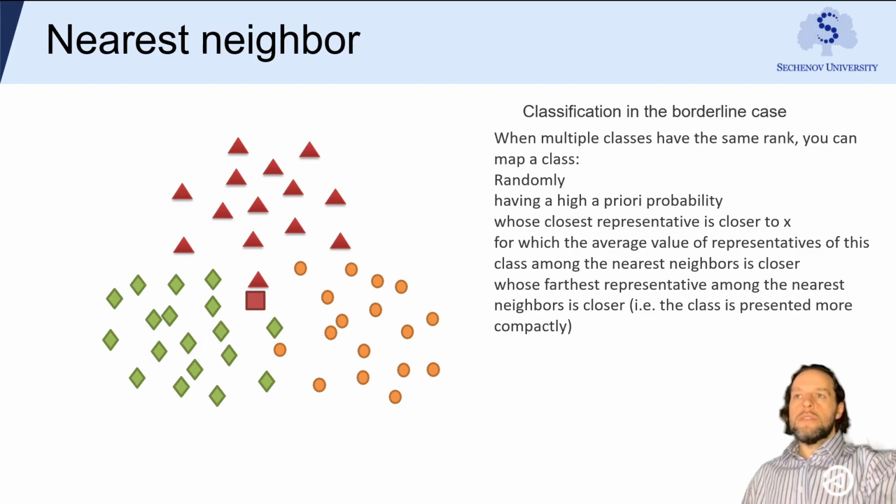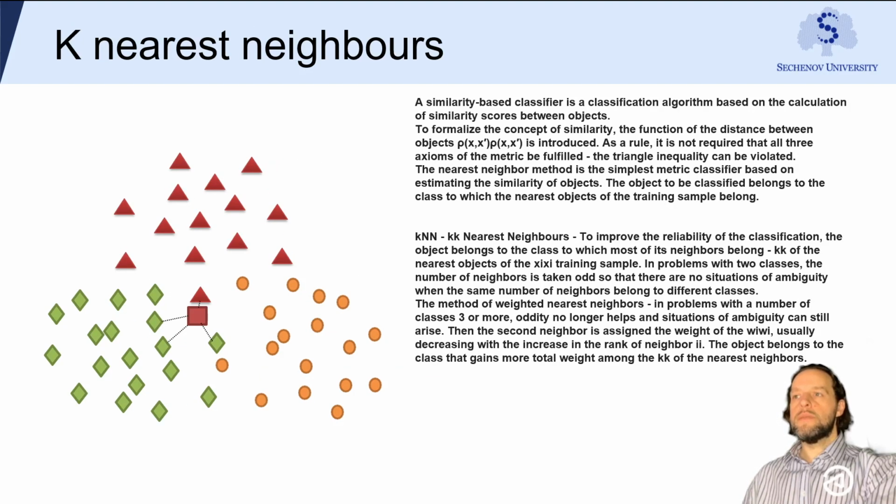In this case we will calculate what the nearest objects to the detected one are, and based on this criteria we will be able to determine to which group it belongs.